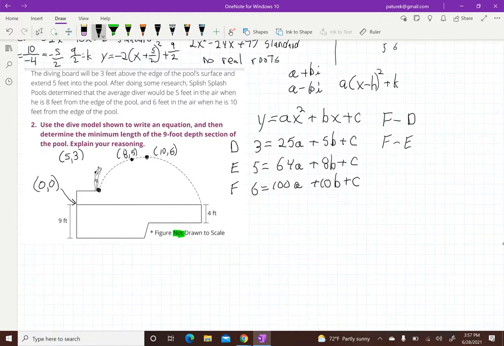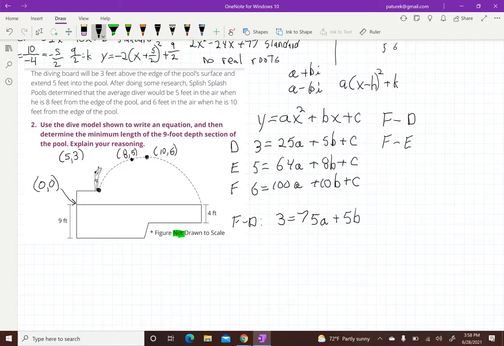Okay. So F minus D becomes 6 minus 3 is 3. 100 times A minus 25 times A is 75 times A. 10 times B minus 5 times B is still 5 times B. And the whole point of doing F minus D, C minus C is 0.